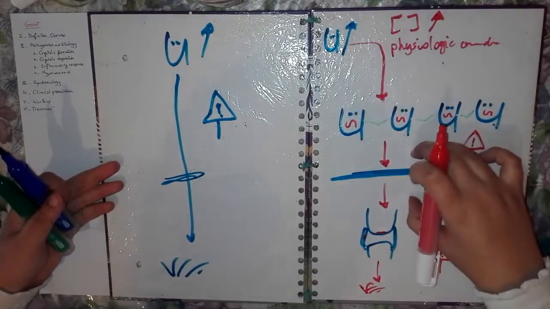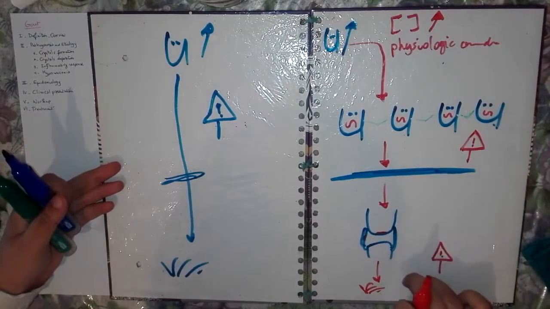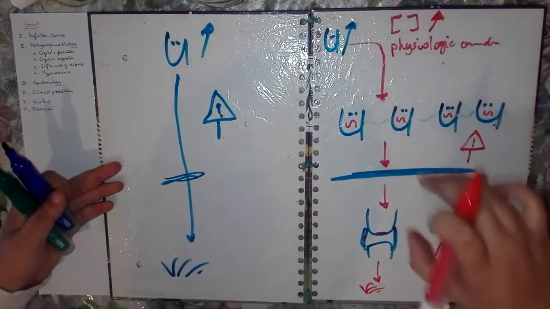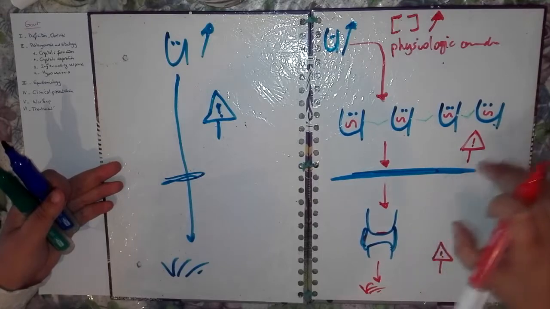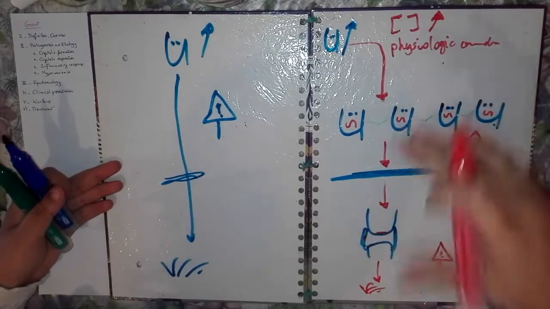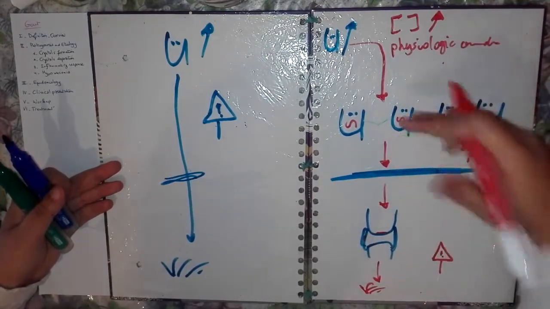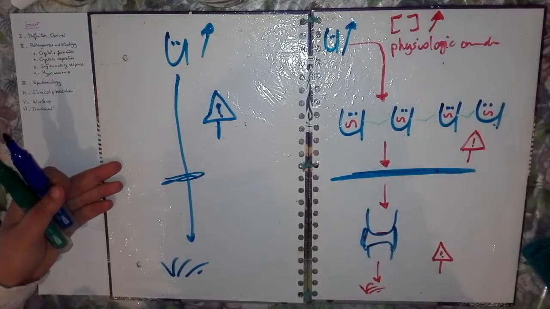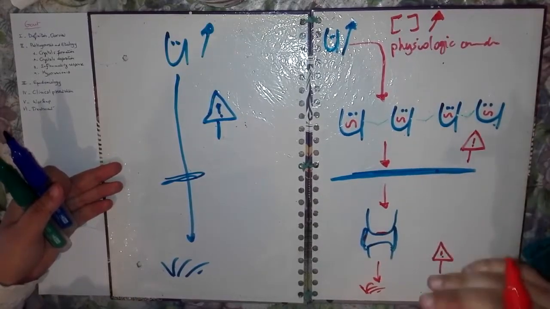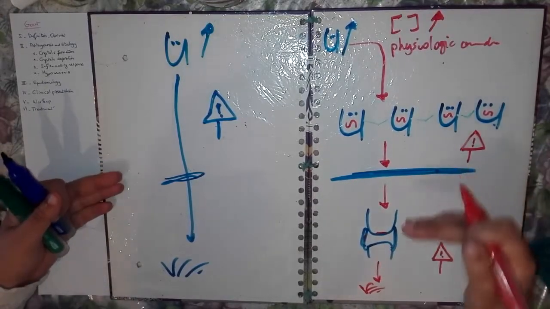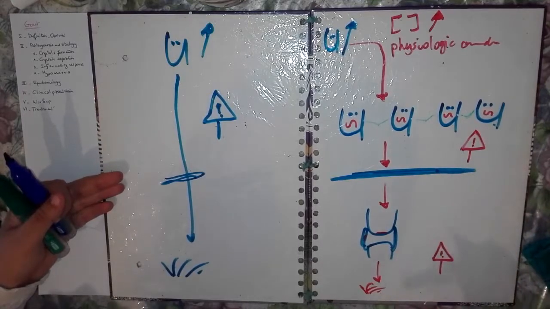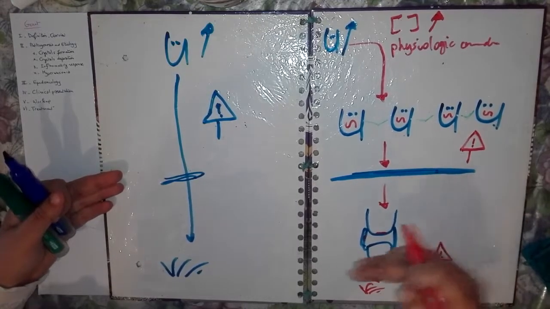Hyperuricemia, crystal formation, deposition, and inflammation. From hyperuricemia to crystal formation, it's not systematic. Only a small proportion of patients will make crystals and will have actual gout.